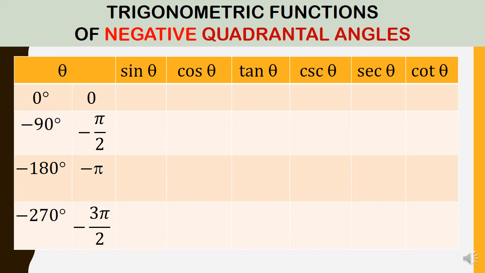Okay? So again, if you go back to our table of values, for the 0, we can draw our guide here to make it more visual. We start with this point. So that will be the point 1, 0. This is 1, this is 0, and the tangent can be defined as 0 over 1, 0. Cosecant will be coming from the reciprocal of this, which is undefined.